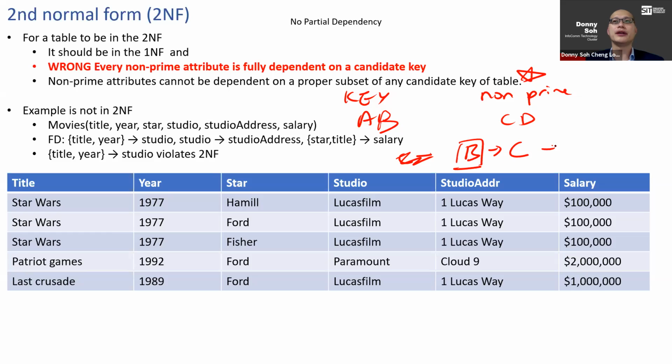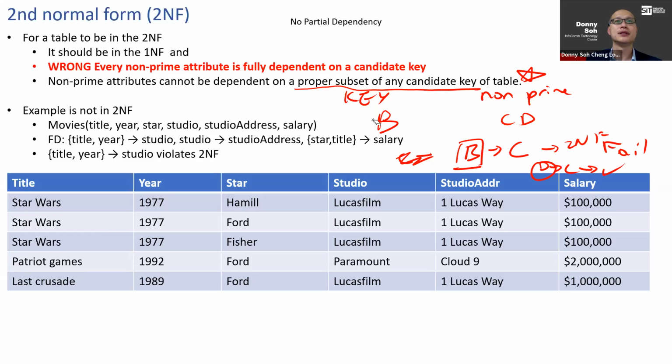So this will fail the 2NF. But I can have D dependent on C. This will still pass because C is not a proper subset of a candidate key. Please do take note of this. This is the remedy that I'm trying to apply right now. Thank you.